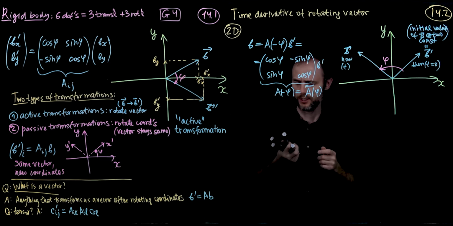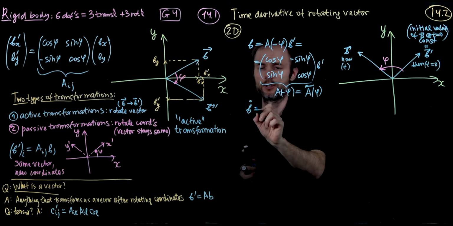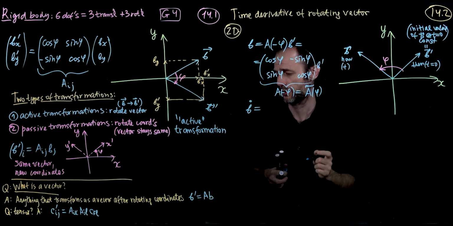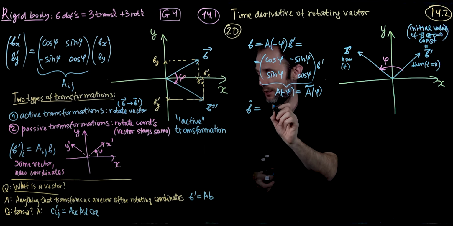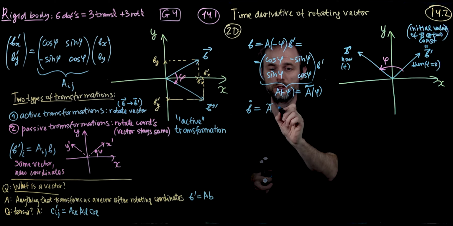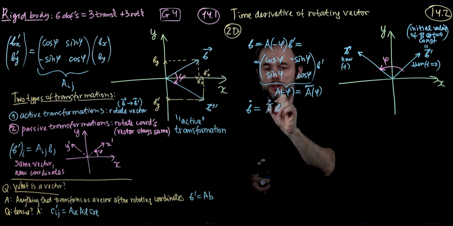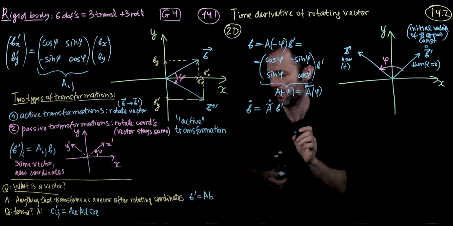Okay, so let's try and take the time derivative, b dot. What will that be? Because b prime is a constant, it is going to be A tilde times b prime, all of that dotted, and because b prime is a constant, the dot only works on A tilde.